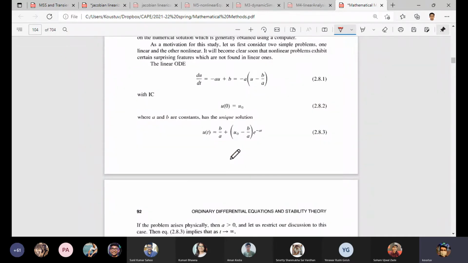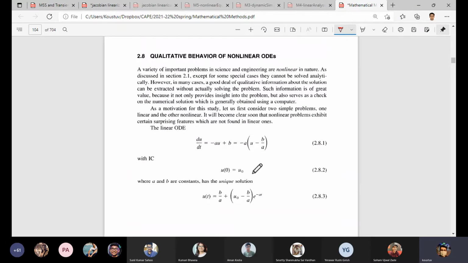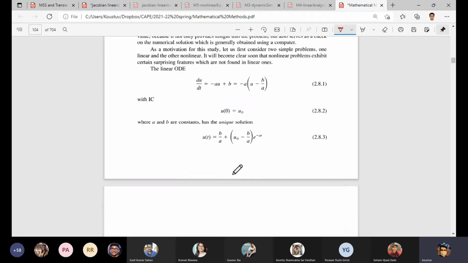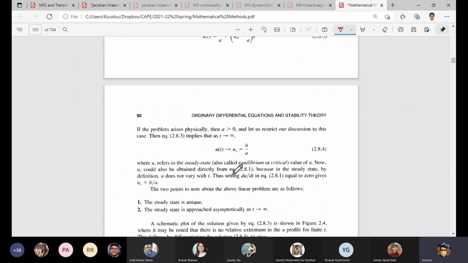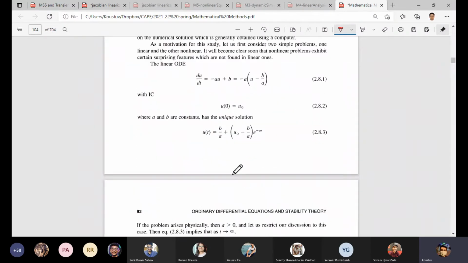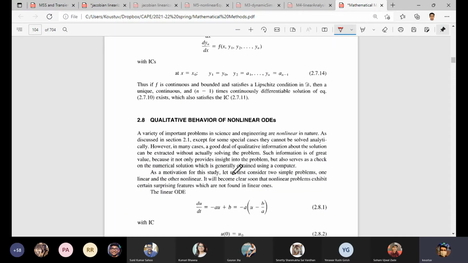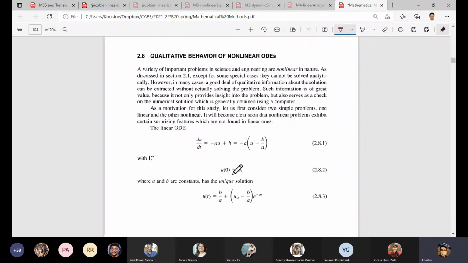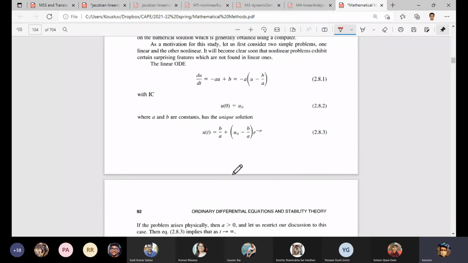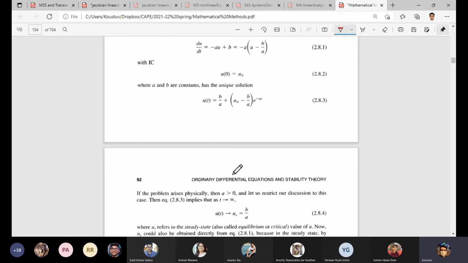given is the application of a linear ODE, and how all the time it is asymptotically stable and unique. Typically the nonlinear ODE gives us some interesting features which a linear ODE cannot. With a linear ODE, you will more or less get a steady state point, and that will be asymptotically stable.